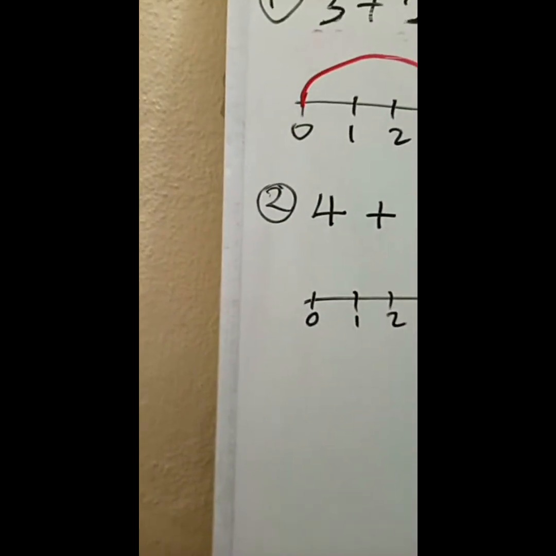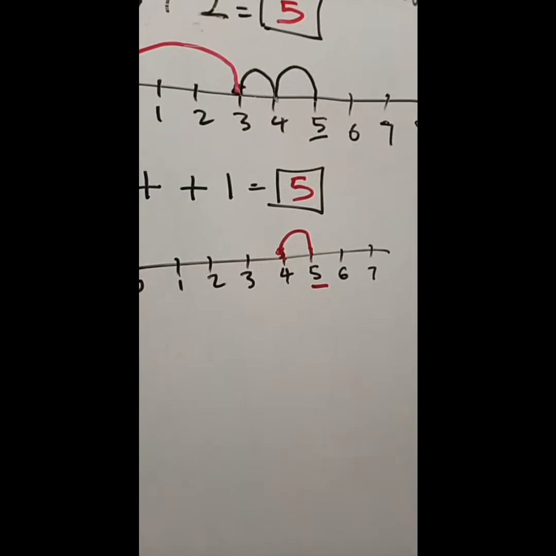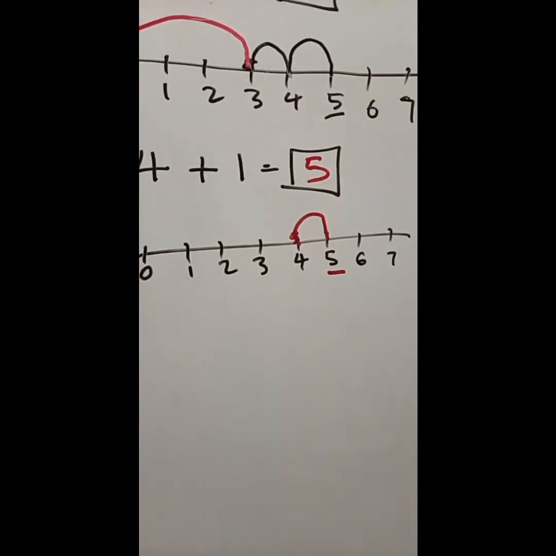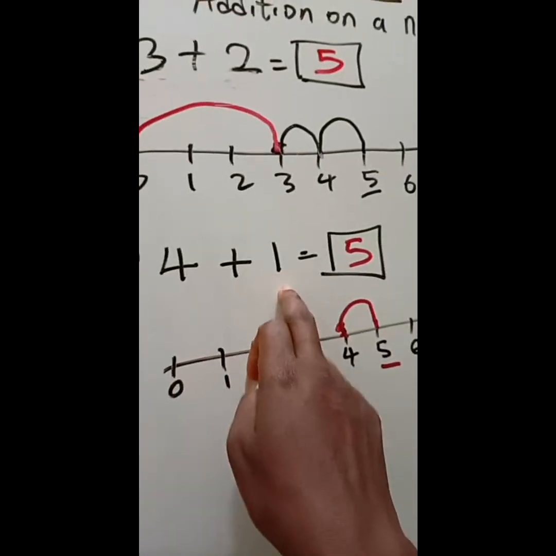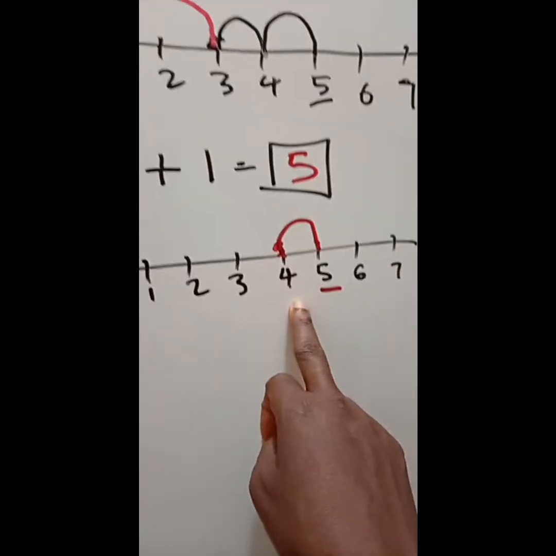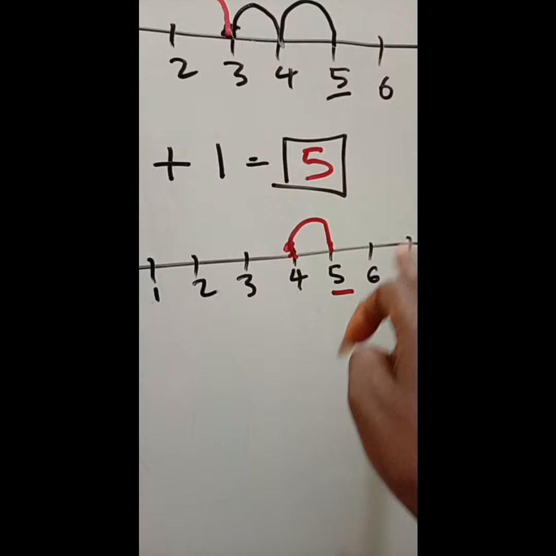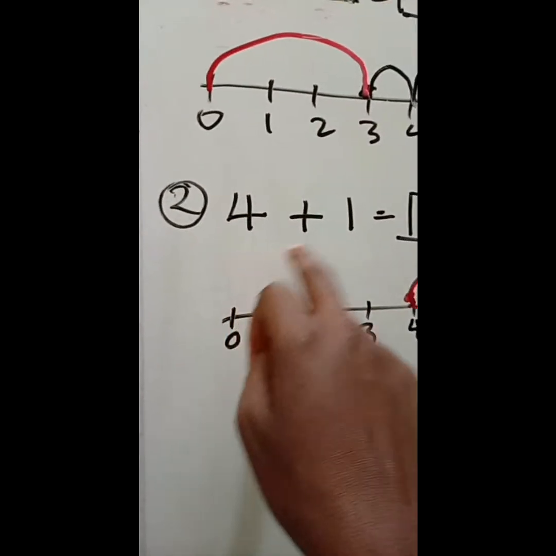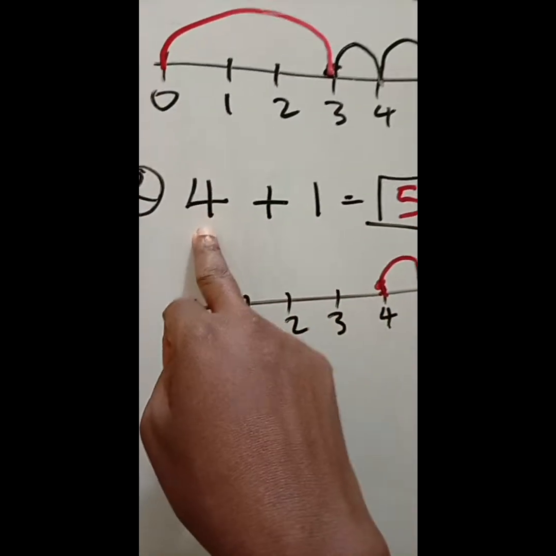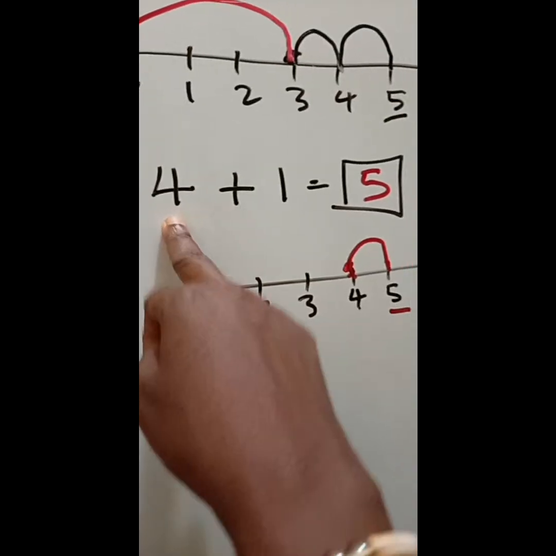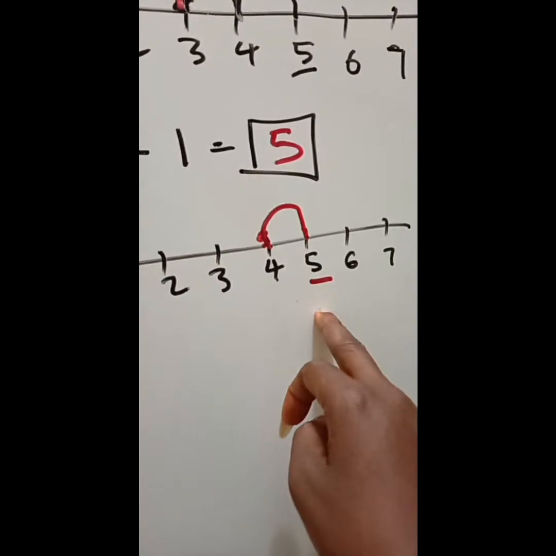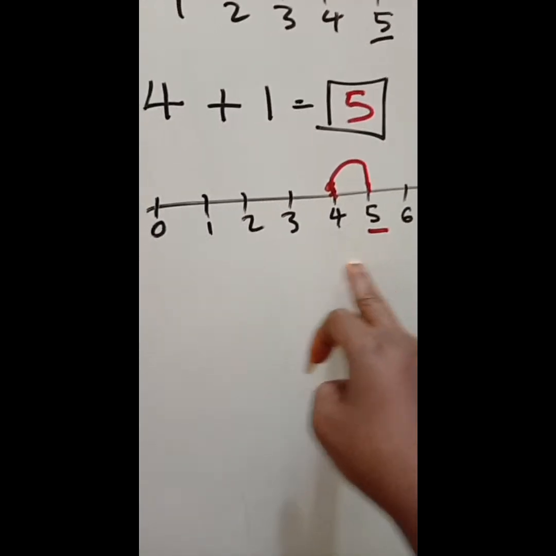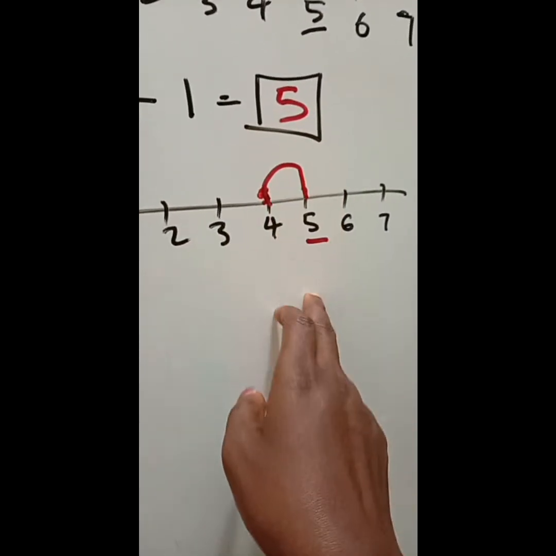Is that not interesting? Very, very interesting. So 4 plus 1, the frog starts its jump from number 4 and did just one jump because we have 4 plus 1. So when the frog starts its jump from 4, it does only one jump to get the answer.